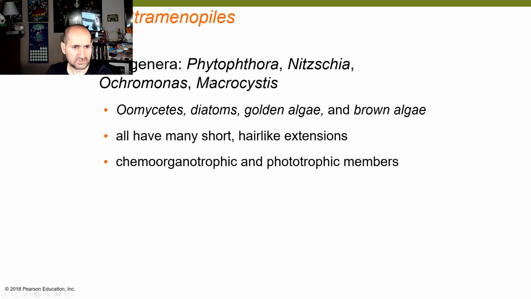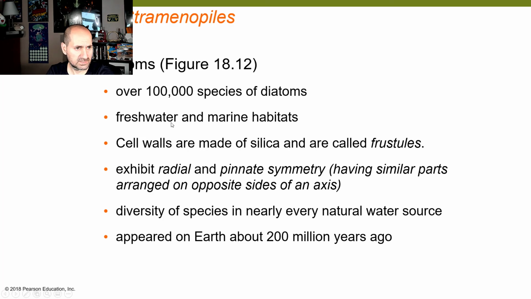Next, talking about the straminopiles. These include the oomycetes, diatoms, golden algae, brown algae. Diatoms. You should know about diatoms because they are very important for production of oxygen on the planet, for photosynthesis. And they look very interesting because of their frustules made of glass.